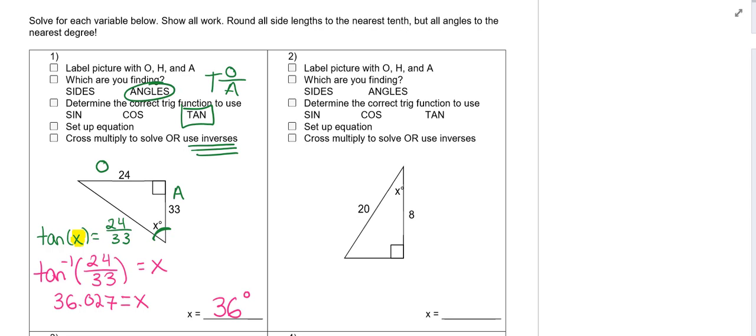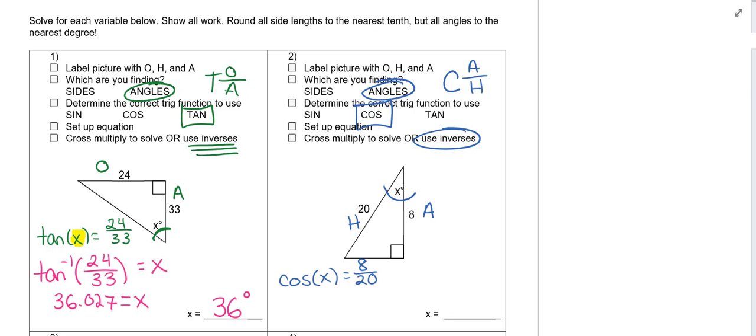Number 2, proceed again in the same way. Here's my reference angle. 20 is the hypotenuse. 8 is the adjacent side since it's right next to it. I know I'm trying to find an angle, so again, that means we're going to use inverses. And because I have the adjacent and the hypotenuse, I know I'm going to be using cosine in this problem. So we're going to write the equation.